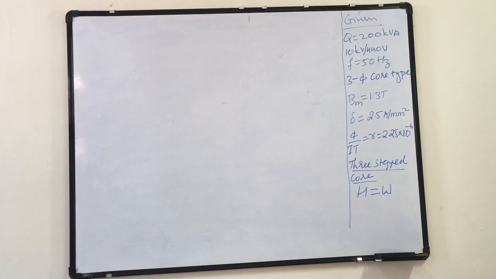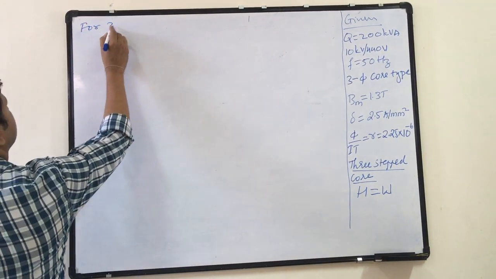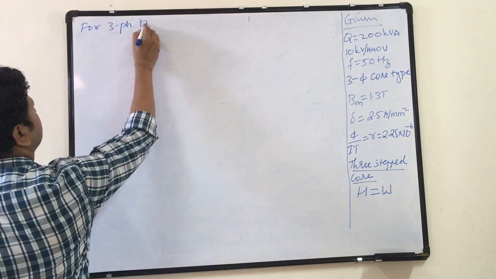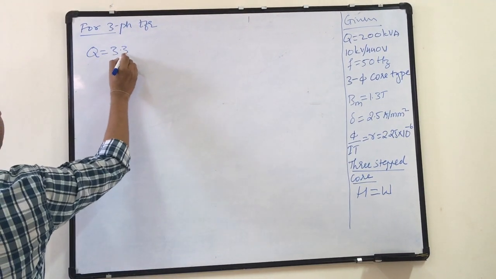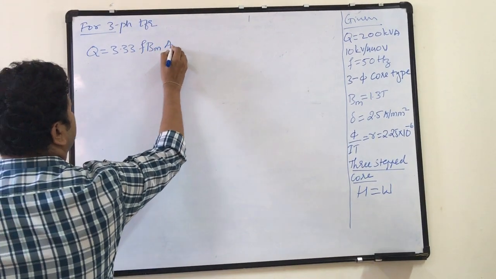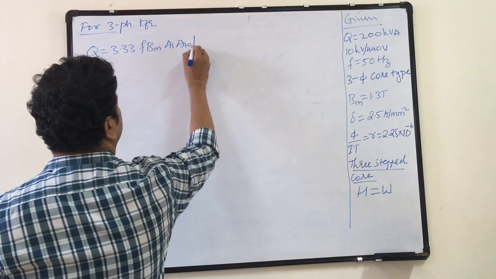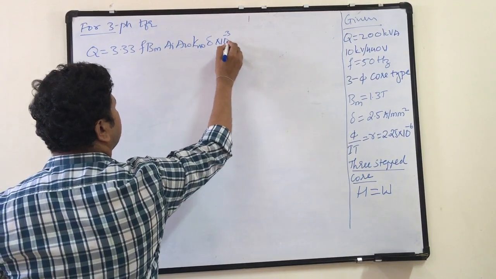For three-phase transformer, the output equation is Q equals 3.33 F Bm AI AW Kw delta into 10 to the power minus 3 kVA.